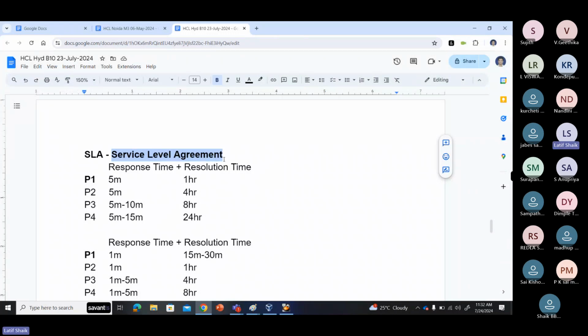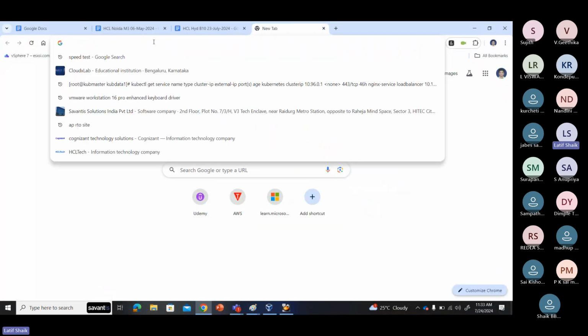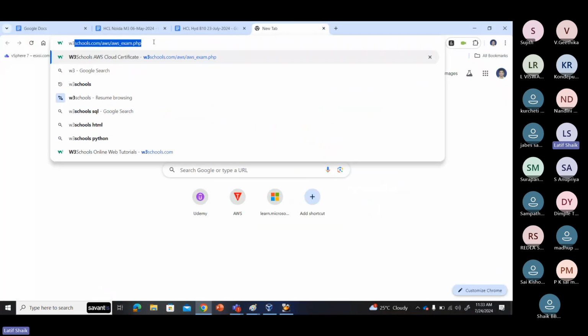For example, suppose my organization provides a website-related service, like an education-related site. I'm not saying education is a lesser priority; I'm just giving a simple example. W3schools.com is there. I think you know W3Schools. Udemy.com. Udemy, right, already.